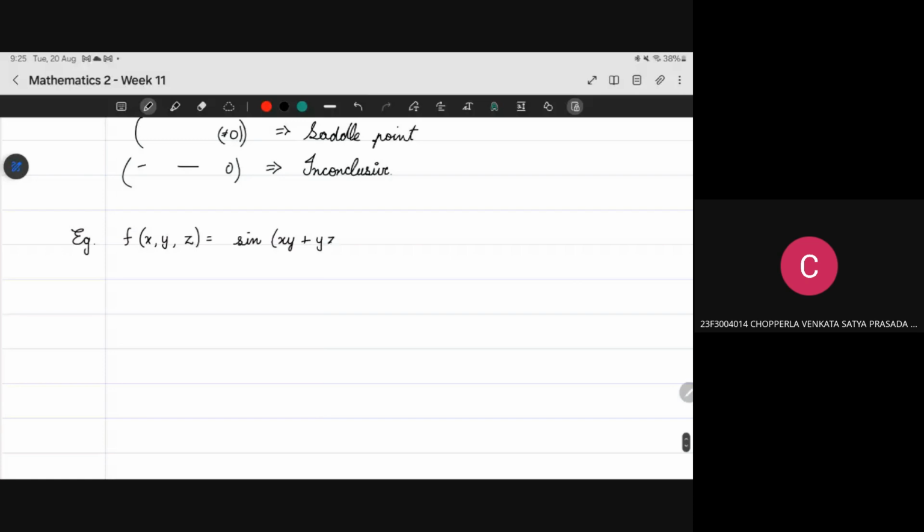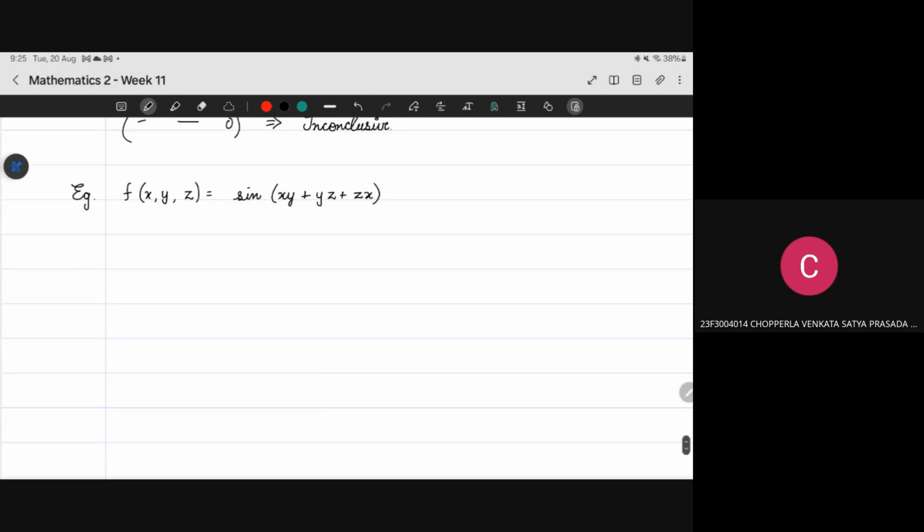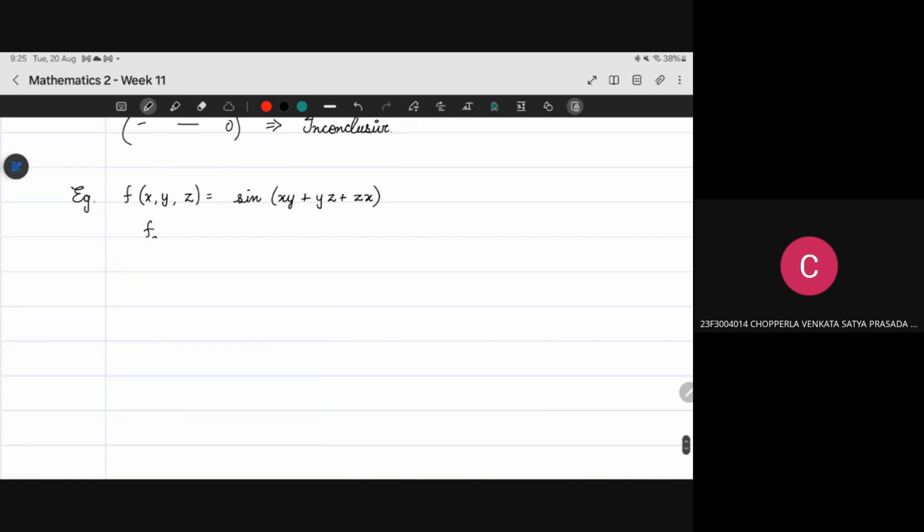Something like this: xy plus yz plus zx. I don't know if this will be easy, but let's see. So fx is y plus z.